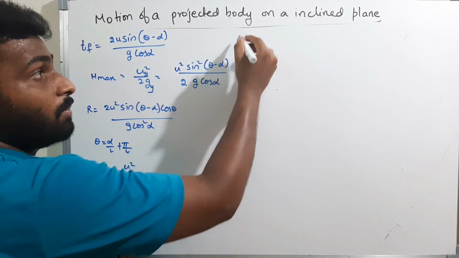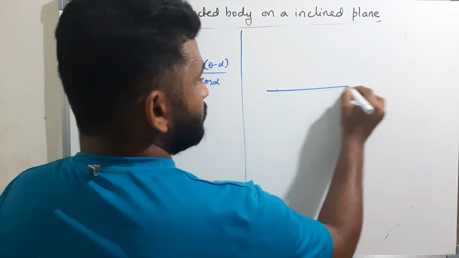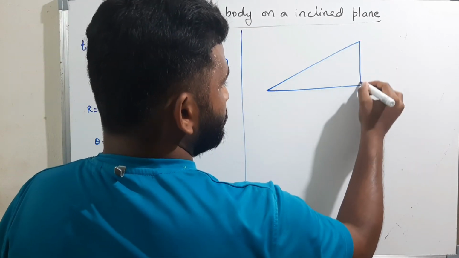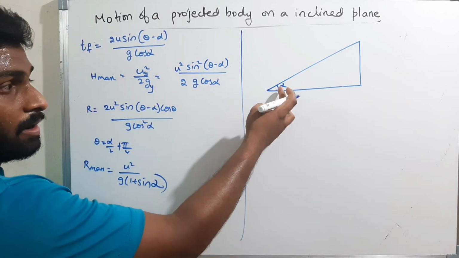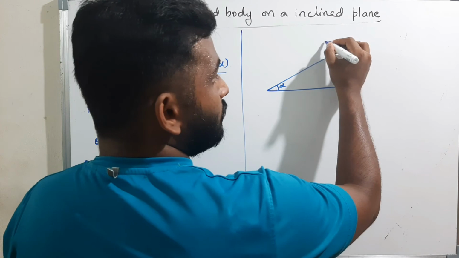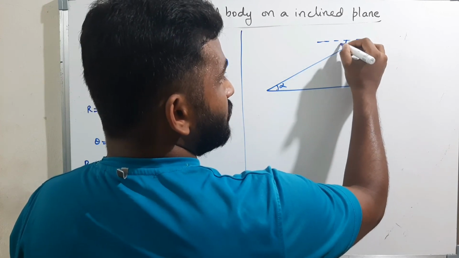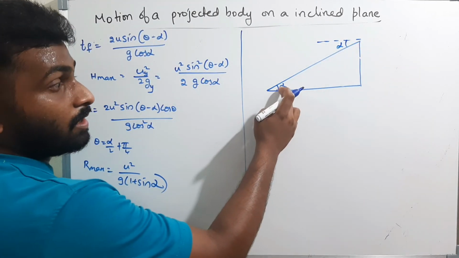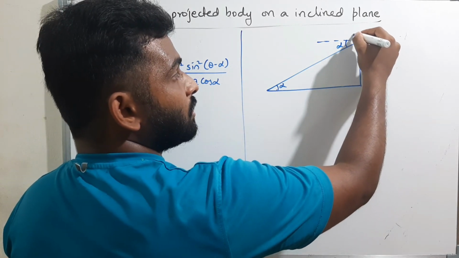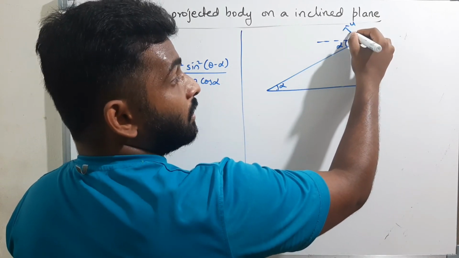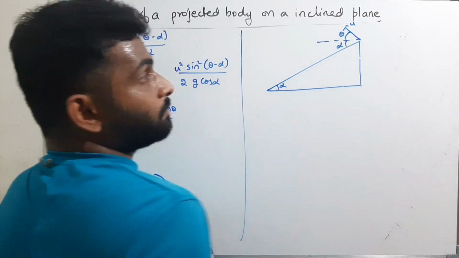If I see the down the plane, now observe carefully. Now this is making some angle alpha. If it is having some angle alpha, then with the horizontal, these are also alpha, vertically opposite angles. Now the body is projected with a velocity u, making an angle theta with the horizontal.